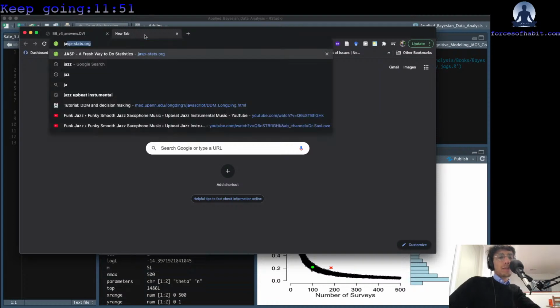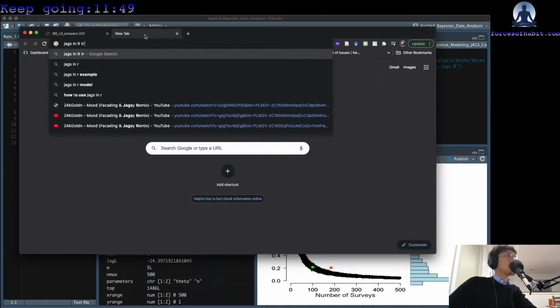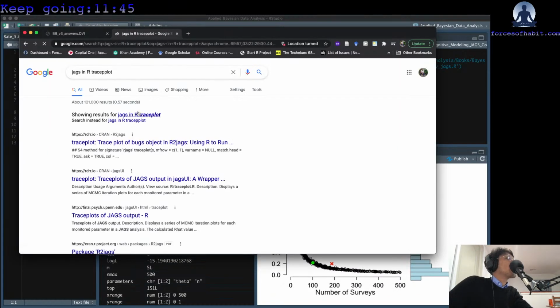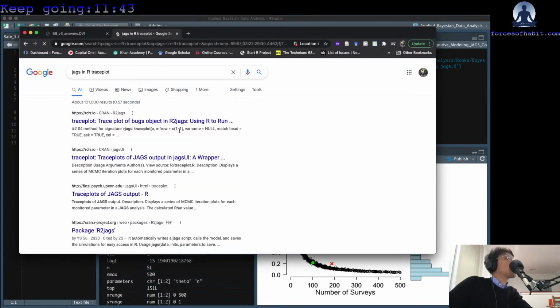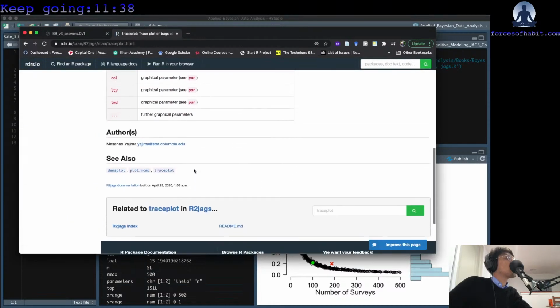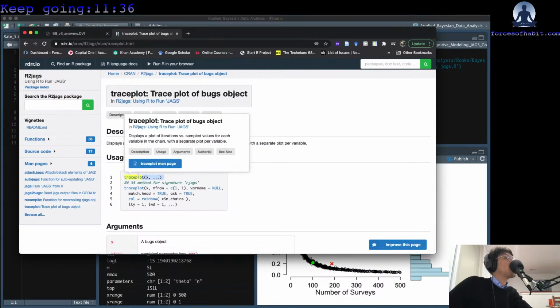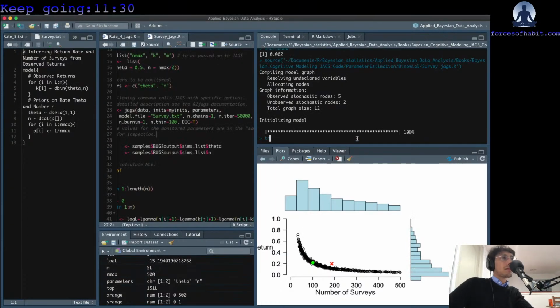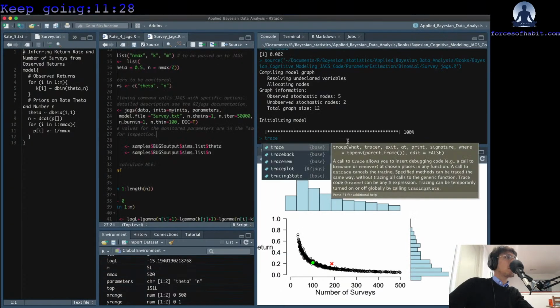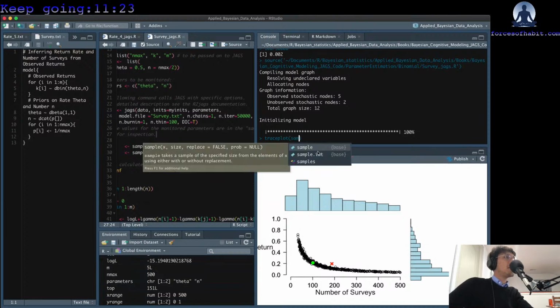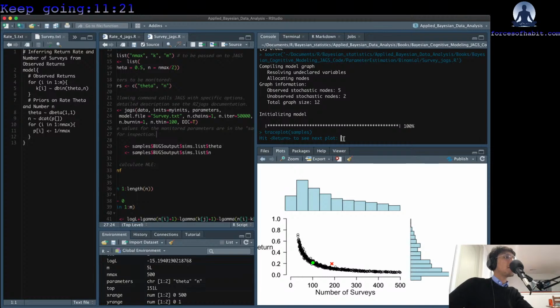But yes, it looks like I can just call trace plot of the samples.